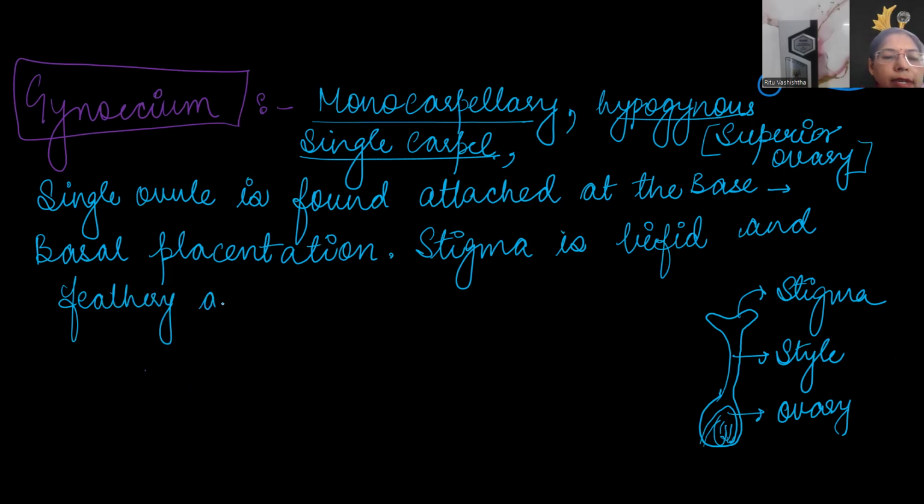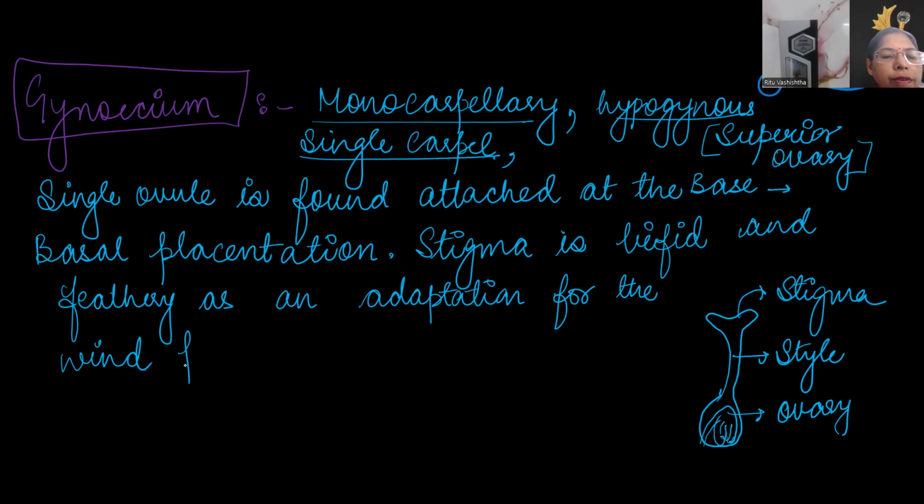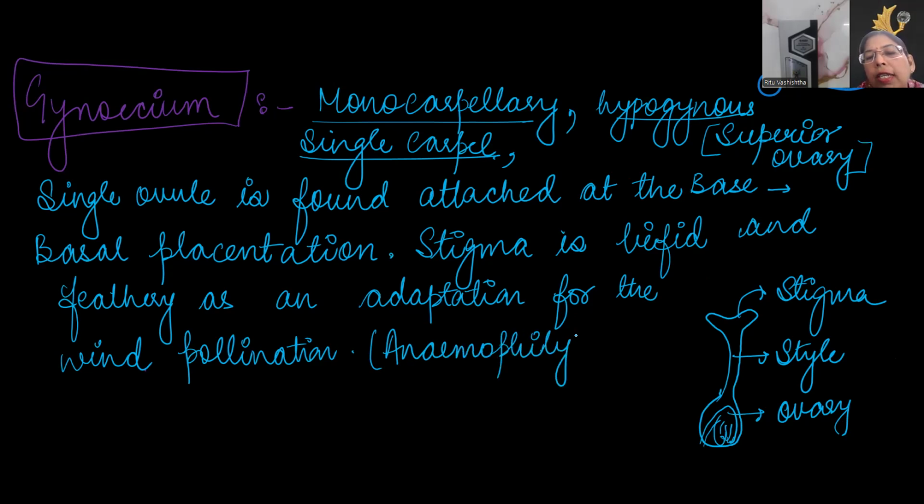as an adaptation for wind pollination. It acts as an adaptation for which pollination? For wind pollination. And the term which we use for wind pollination is anemophily. So the pollen grains are quite light in weight.